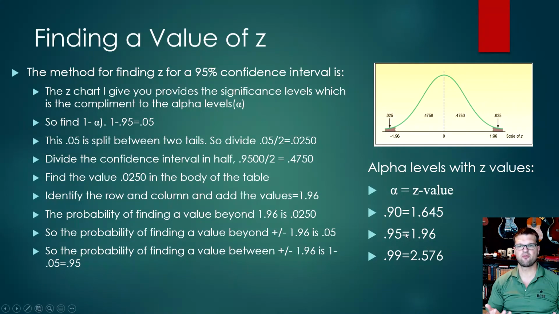In other words, 95% of the values fall between what two z values, and that's going to be negative 1.96 and positive 1.96. In the same way, 90% of the observations fall within negative 1.645 and positive 1.645. And last but not least, 99% of the observations fall within plus or minus 2.576.